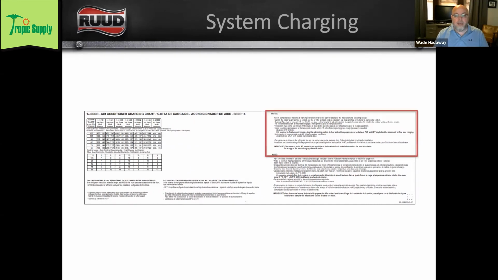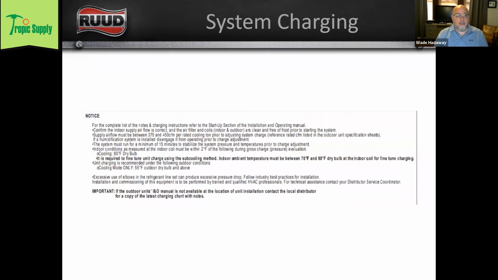Usually when people look at the charging chart, what they see is these three tables on the left, right? That's what people really concentrate on, but there's a couple things that I want to bring up before we dive into that. And that's over here in the notice section.